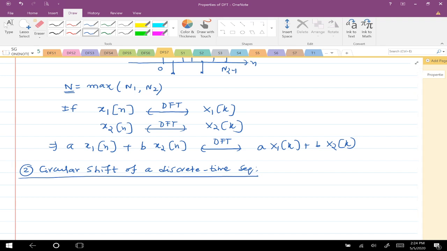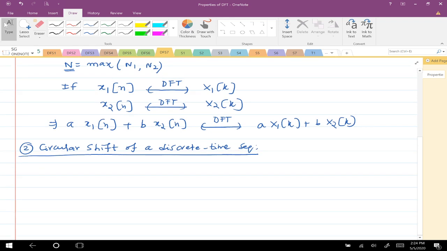It would be easier to understand this if we first write what we did for DFS in the case of shifting a signal.